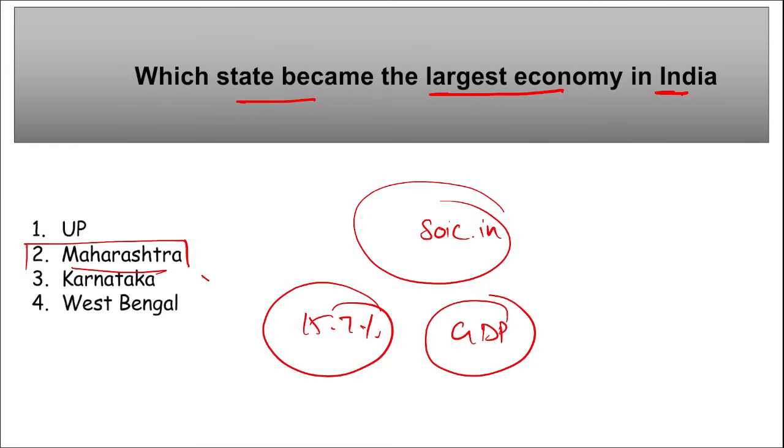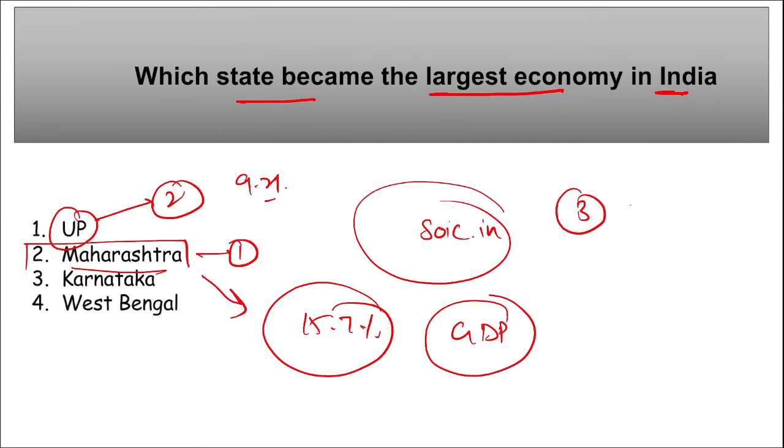On second position it is Uttar Pradesh with a 9.2% share of India's GDP. Then on third position it is Tamil Nadu with a 9.1% share. Mark this: Maharashtra emerged as the state with the largest economy in India, followed by UP in second position.